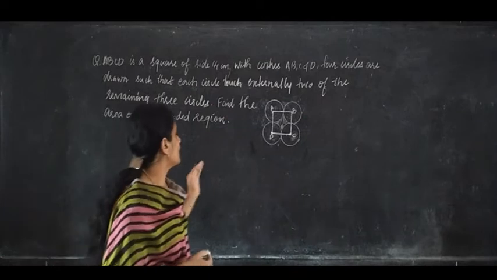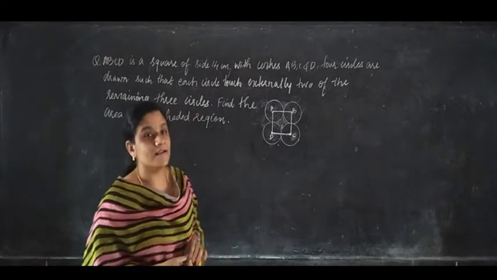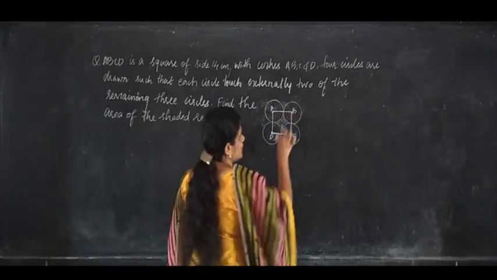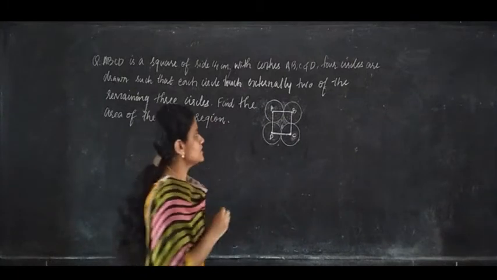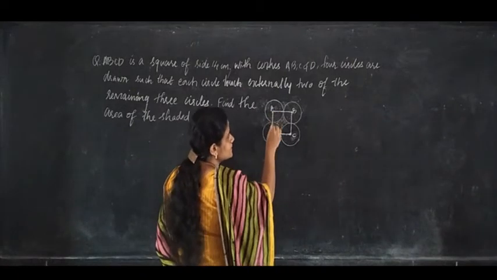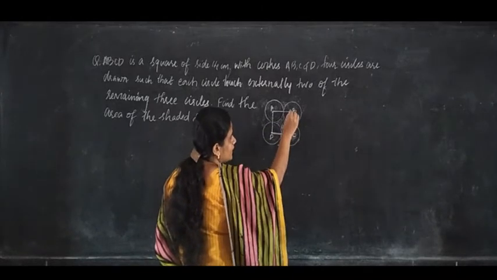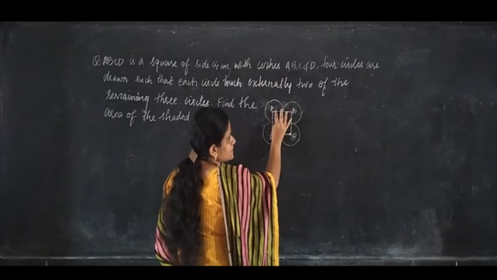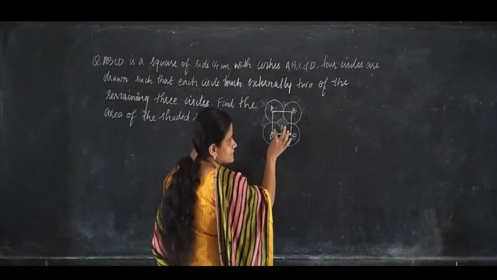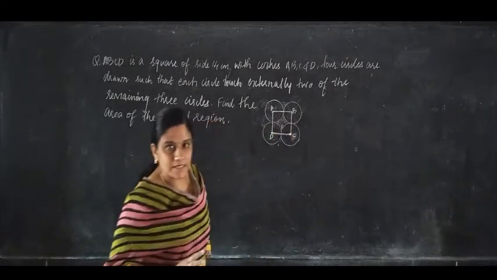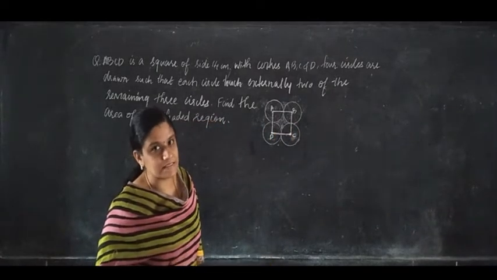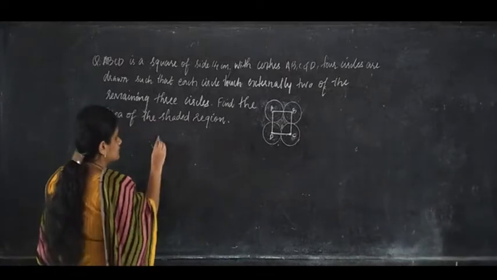Now here we have to find the area of the shaded region. This part is shaded. Okay children, now if we consider the square, from this square, if we subtract these 4 sectors, do we get the shaded region? Yes, we will get it. So how can you write?